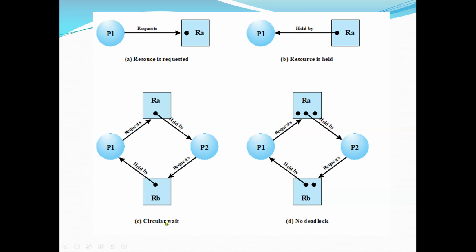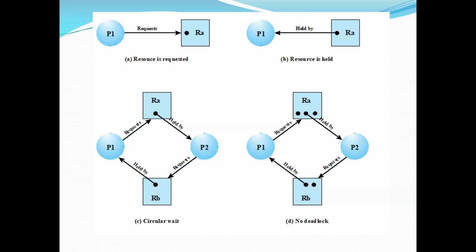So C, again, is called a circular wait. Here we can see that there's only one unit each of resources RA and RB, but process 1, or P1, holds RB and requests RA, while P2 holds RA but requests RB.